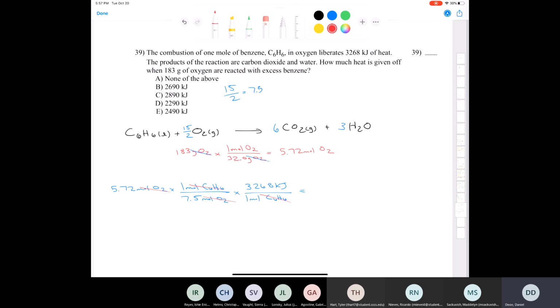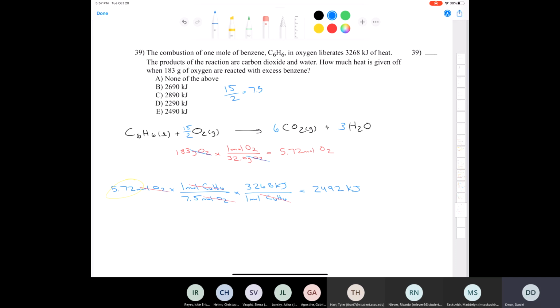Let me see, 5.72 divided by 7.5 multiplied by 3,268, and I end up with 2,492 kilojoules, like this. Now remember that the 7.5 moles here, that's an exact number, but this number here only has 3 significant figures.